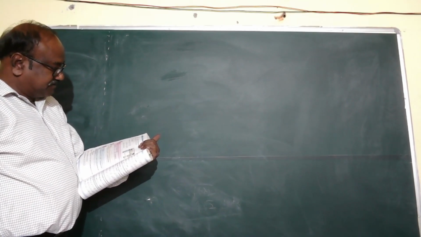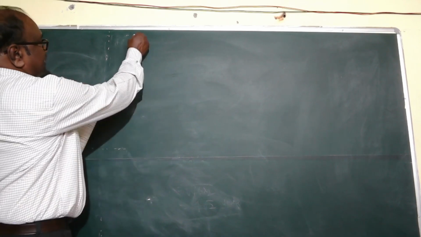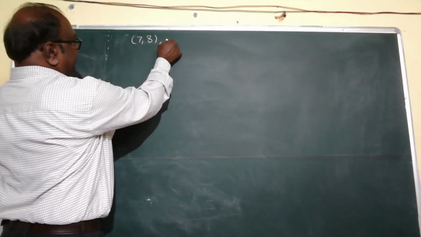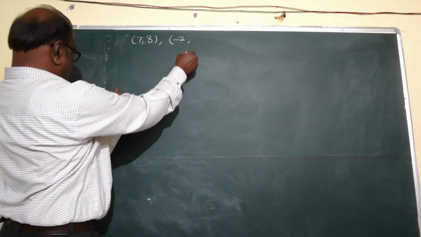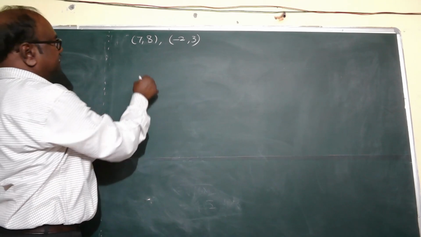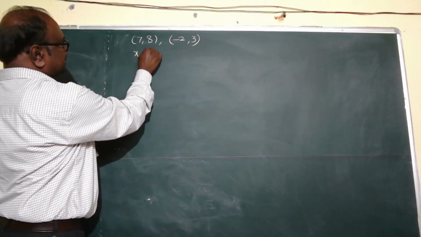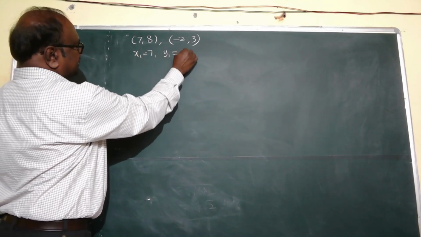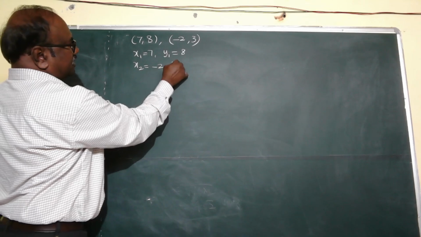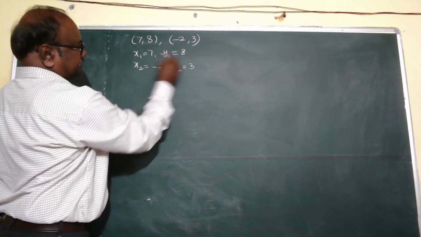Find the distance between the points (7, 8) and (-2, 3). First let us write x1 is equal to 7, y1 is equal to 8, x2 is equal to minus 2 and y2 is equal to 3.